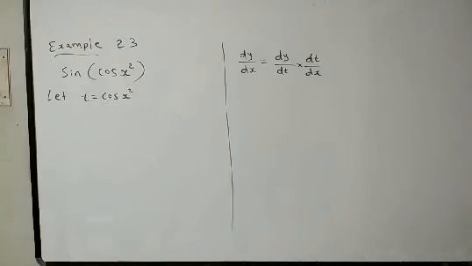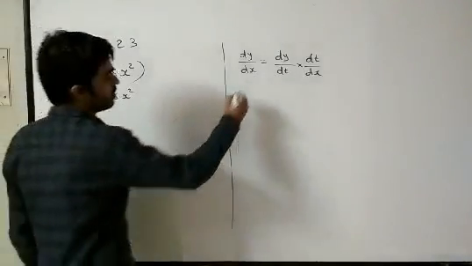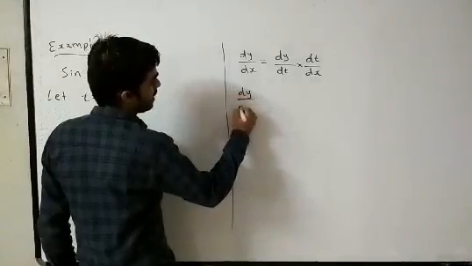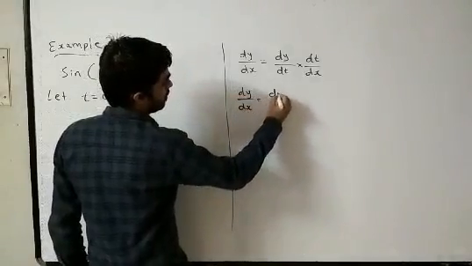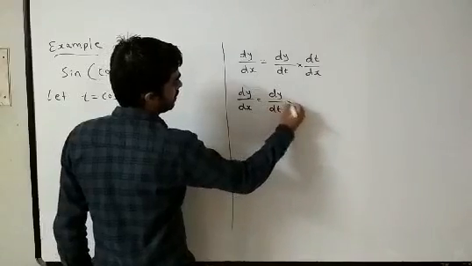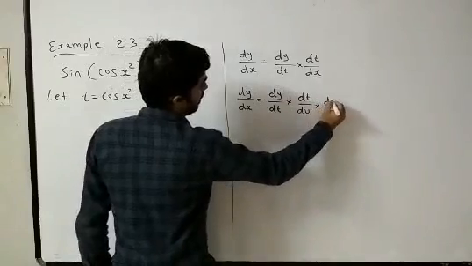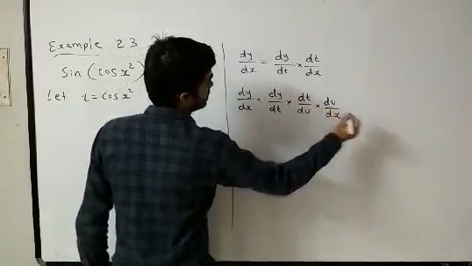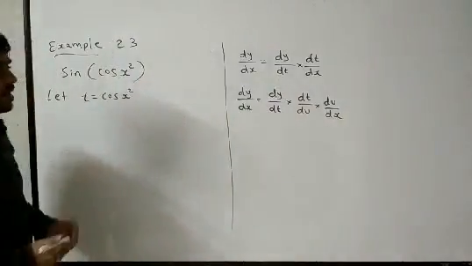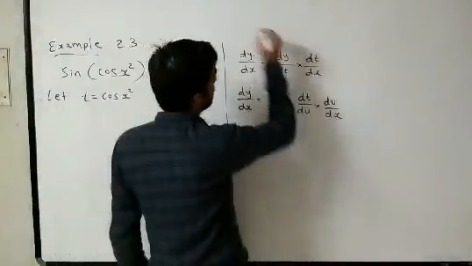Yesterday we were doing this sum this way. So now today, dy by dx is equal to dy by dt into dt by du and du by dx. Why? This is also the chain rule only.